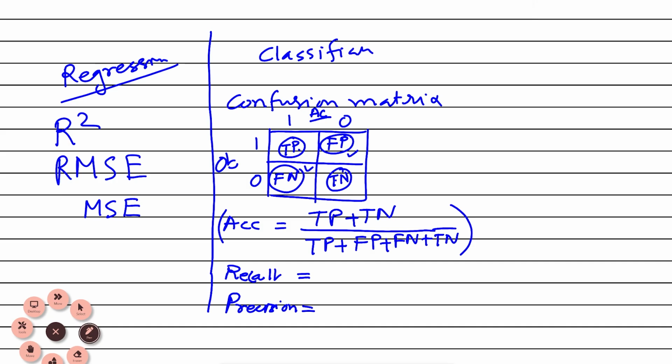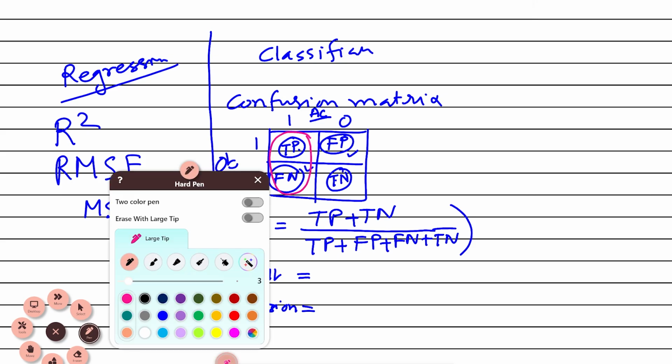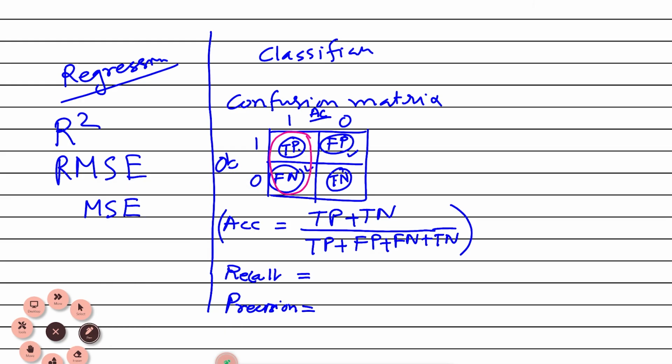Let's say this is your entire case of actual 1, and this is the case where we see how many actual ones are predicted.